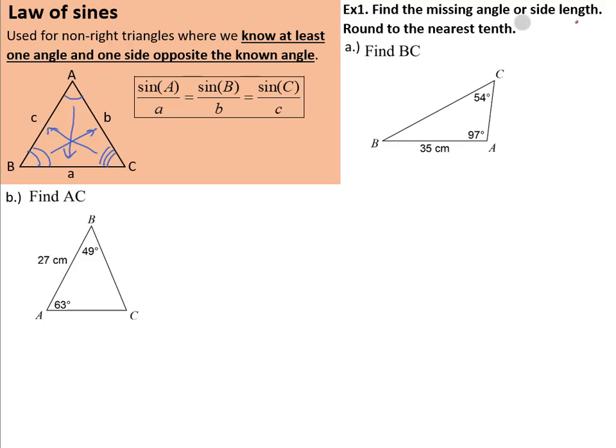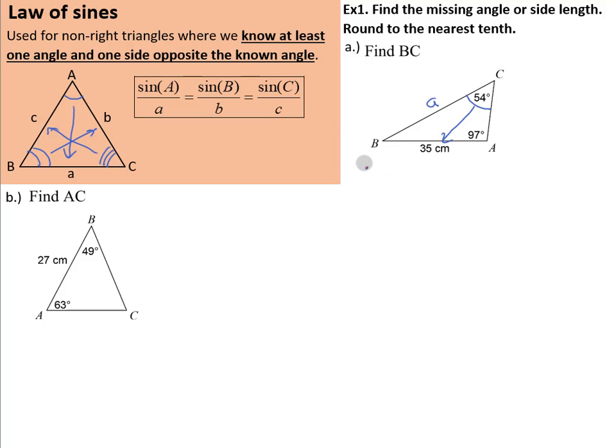Find the missing angle or side length, round to the nearest tenth. Okay, so to solve for this missing length, BC, we can call it X, or since it's opposite A, we could also call it little a, side length A. So here, we do know one angle and the side opposite it, 54 degrees, and its opposite side, 35.